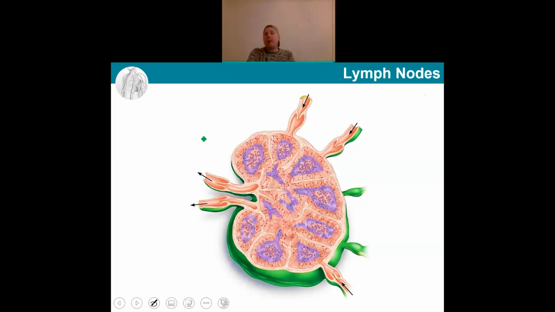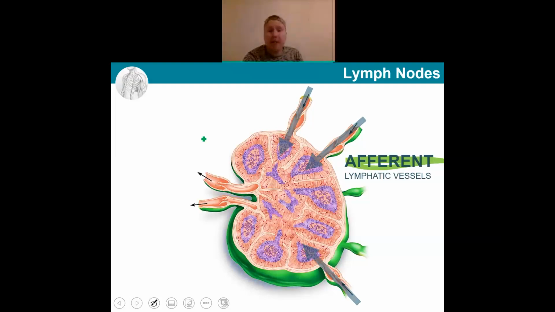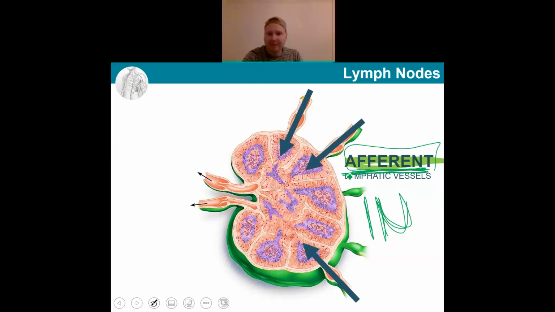What I also wanted to show about the lymph nodes is that we have a few different kinds of vessels. We have afferent lymphatic vessels, and this means that they are coming in. So when something enters a structure, that's afferent. They come in to the lymph node.